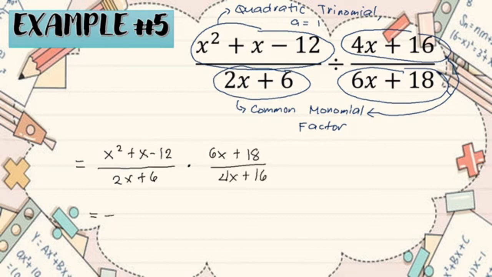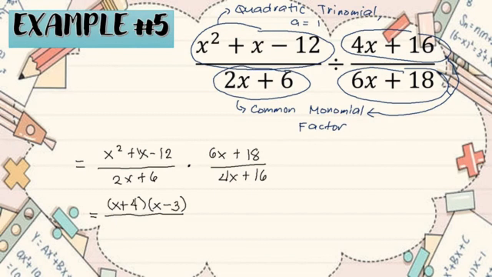Since this is a quadratic trinomial where a equals 1, we're going to prepare two sets of parentheses. The square root of x squared is x, copy plus, and since it's minus here, meaning the two parentheses don't have the same sign, so it's minus. Think of factors of 12. If you're going to subtract, the answer is 1. Yes, you're good. The answer is 4 and 3.